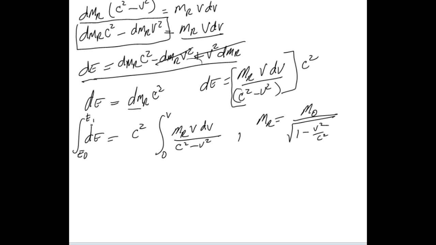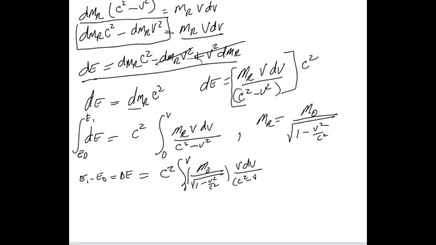And to integrate dE from E0 to E1, that comes out to be E1 minus E0, which I'm going to call delta E. So that is equal to c squared times the integral from 0 to v of m naught divided by the square root of 1 minus v squared over c squared, times v dv over c squared minus v squared.